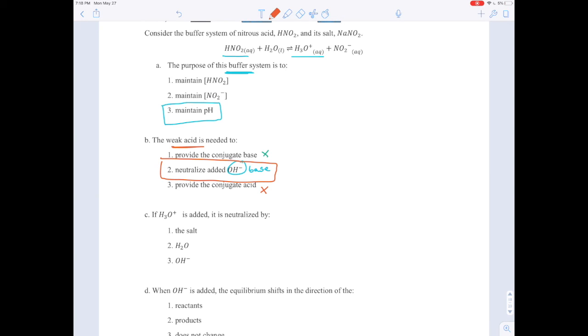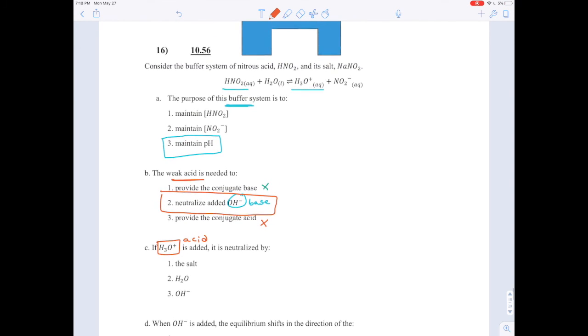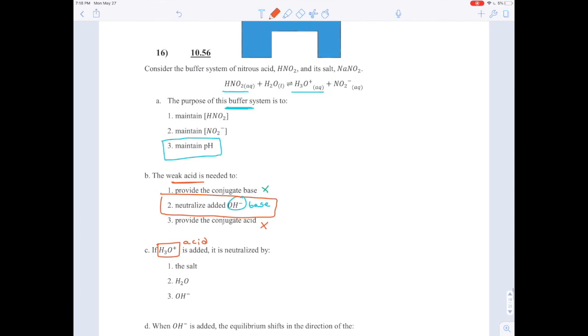How about C? It says if H3O+ is added, what is it neutralized by? H3O+ we know is an acid, because it has lots of H's to give away. Is it neutralized by a salt? Well, you could argue that it is. It's not neutralized by the salt itself, but it's neutralized by something that comes from the salt.